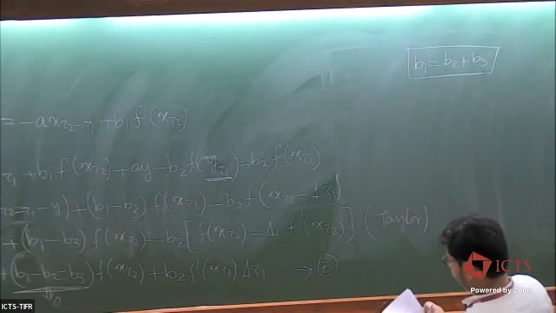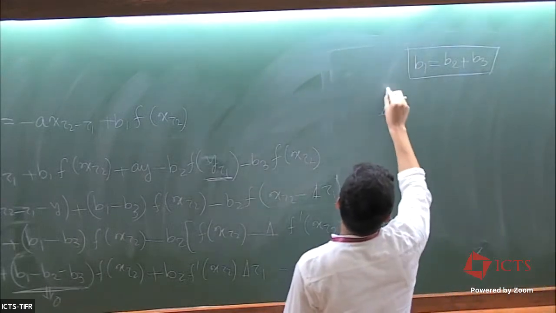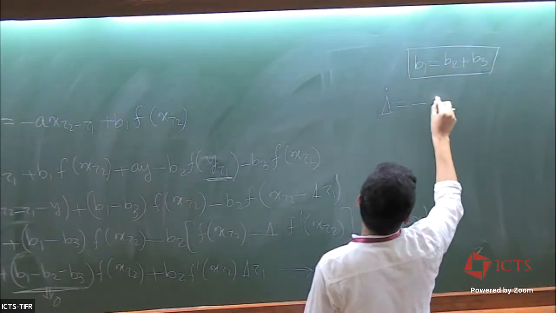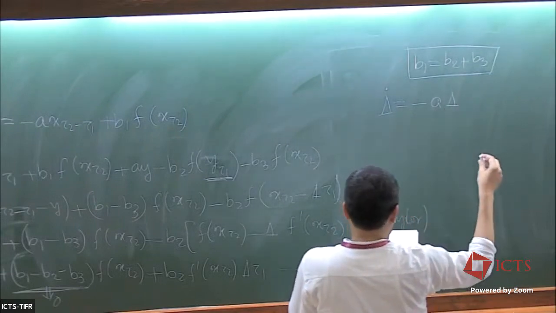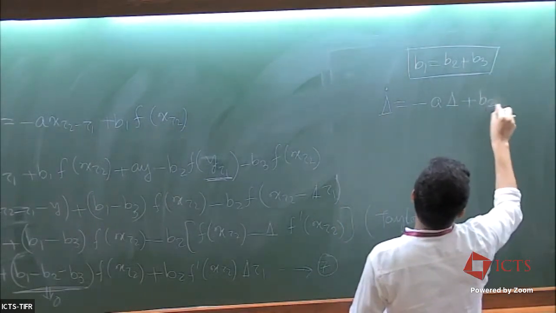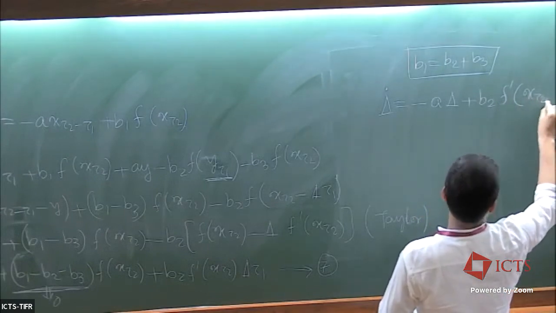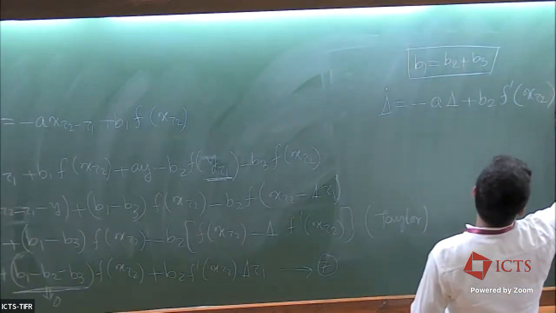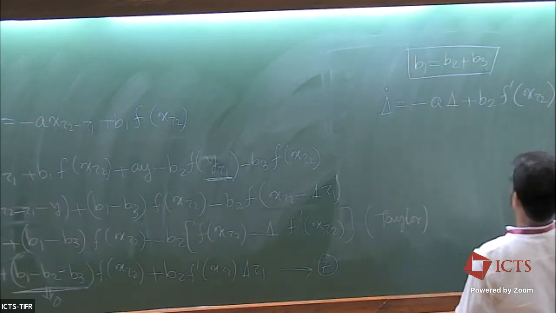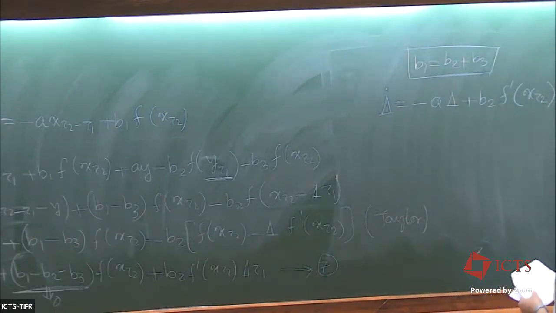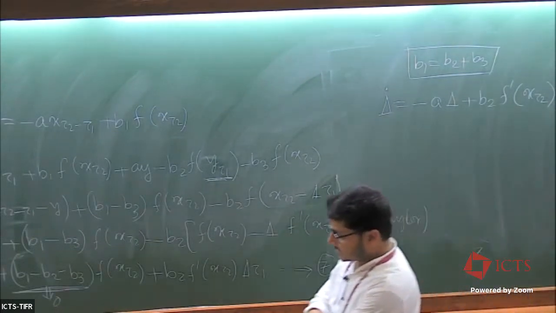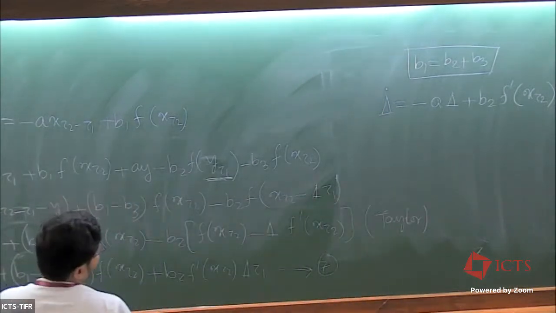With this, the equation becomes delta dot is equal to minus a delta plus b2 f prime x tau 2 delta tau 1. This is 8. Now here comes the Krasovsky-Lyapunov theorem.